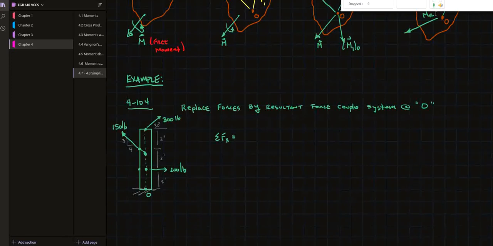So we have minus 150 times 4/5, plus 300 cosine of 30, plus 200.